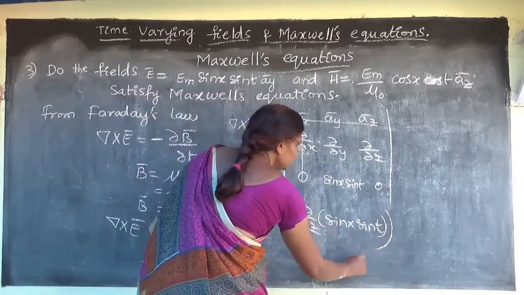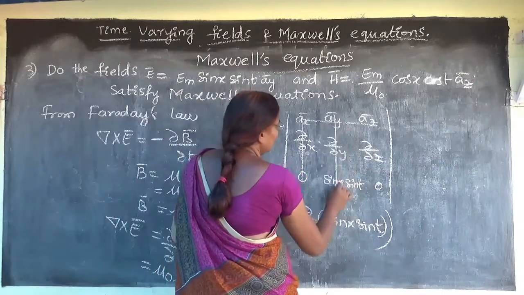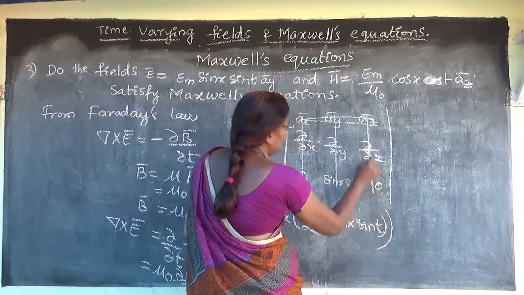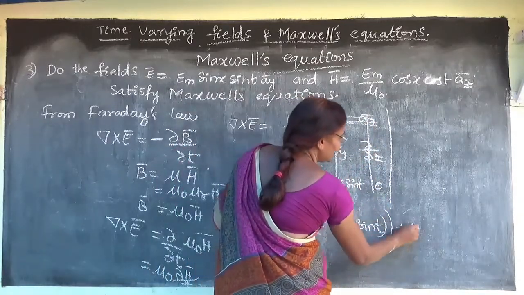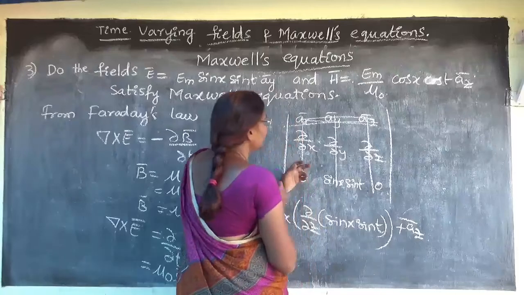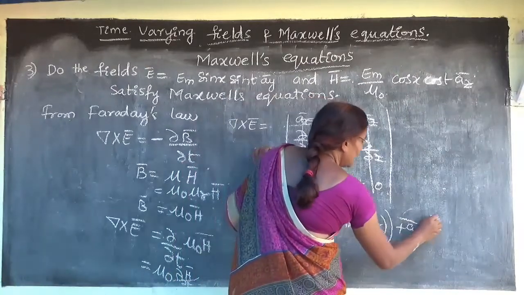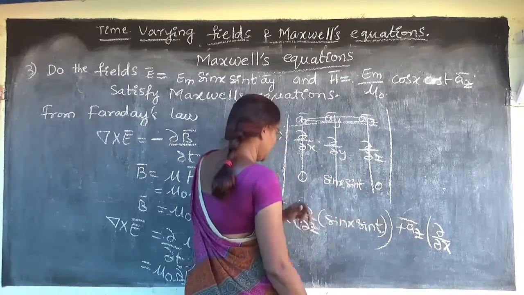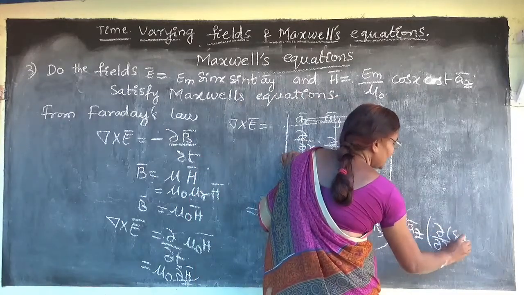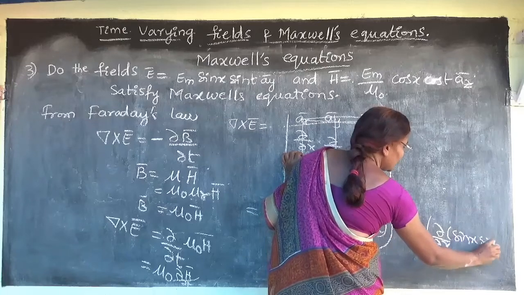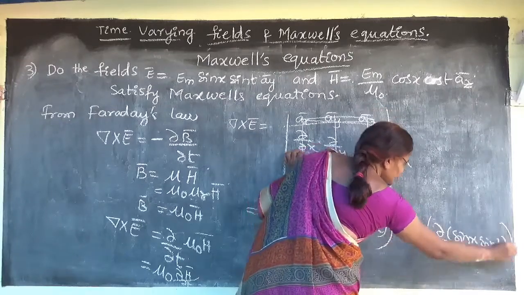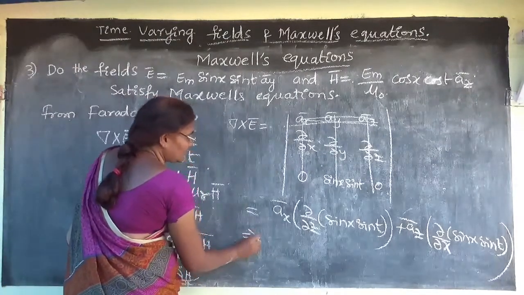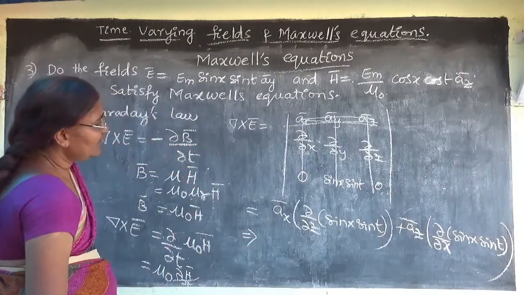అంతే కదా. నెక్స్ట్ ఇలా ఎక్స్పాండ్ చేస్తే ay బార్కి రెండు జీరోస్ వచ్చాయి. సో ఇలా ఎక్స్పాండ్ చేస్తే ప్లస్ az బార్ dou by dou x of sin x sin t. Now what is the expansion?